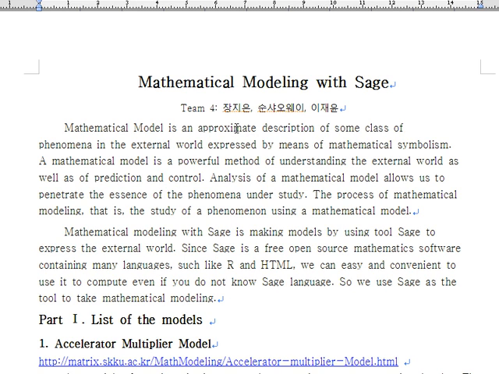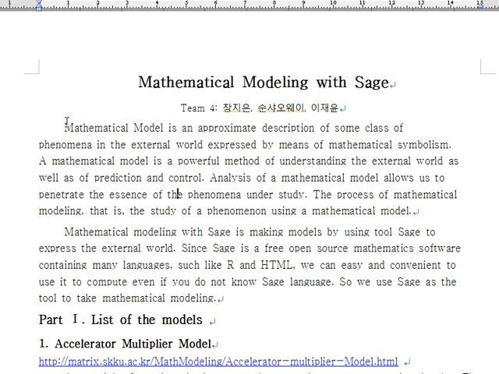So the analysis of mathematical models allows us to appreciate the essence of the phenomena under study.